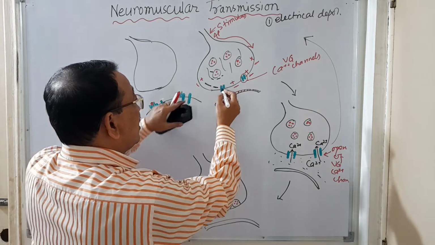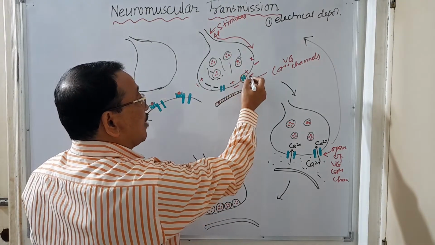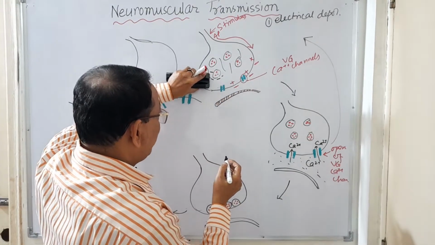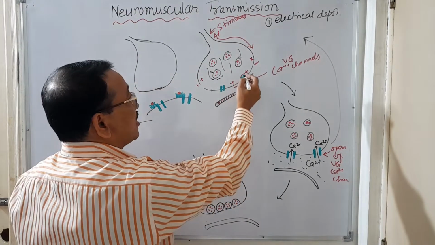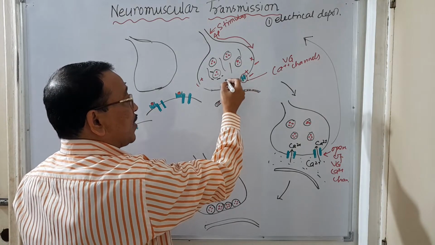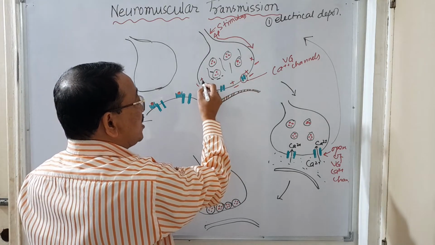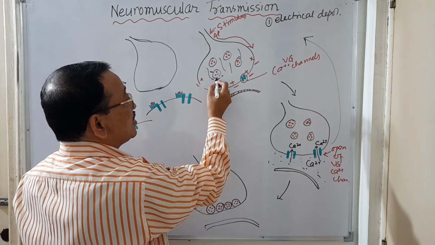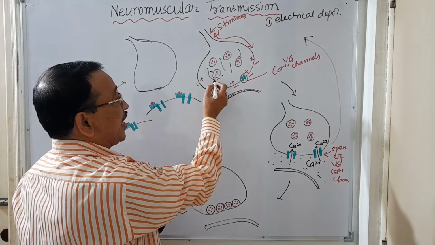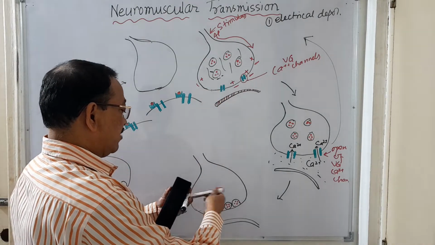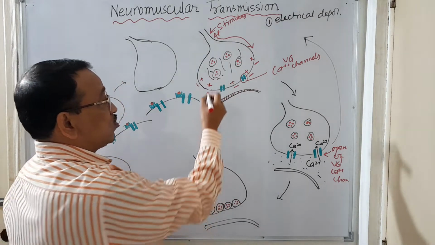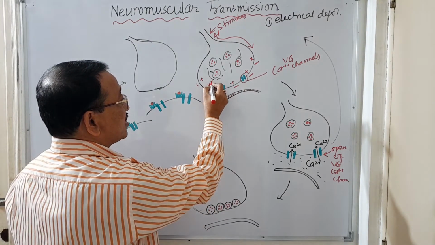Now, as calcium ions are coming in, and as the electrical depolarization has taken place, what's happened? Now the inside of the membrane is electropositive, and the outside of the vesicle is electronegative. So now opposite charges are there.